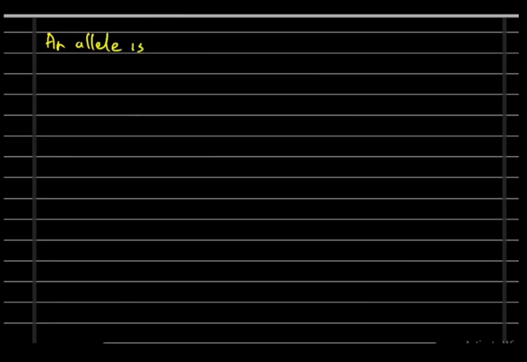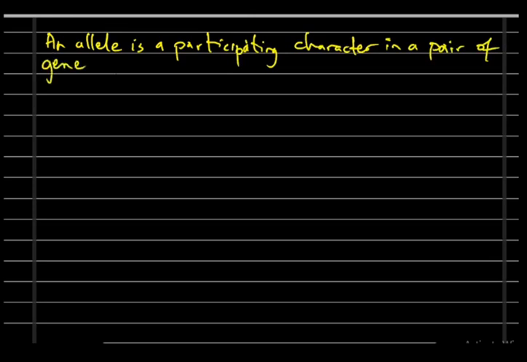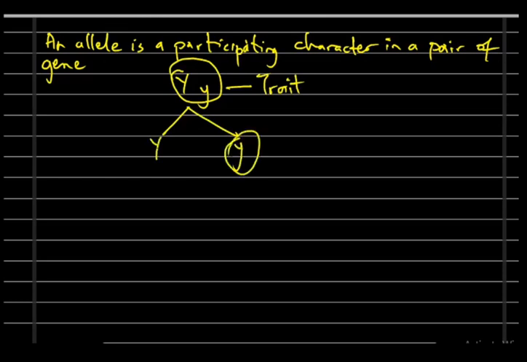An allele is a participating character in a pair of genes. For example, we can have something that looks like this. This together makes up what we refer to as a trait. So it can be broken down into two, where we'll be having this and this. So each of these now is what we refer to as an allele. So that is what an allele is.